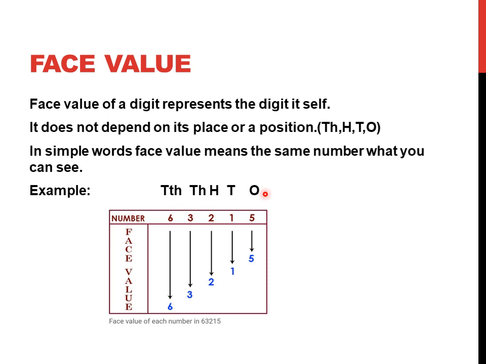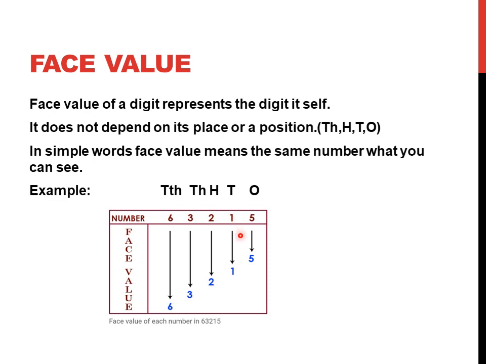That means whether the digit is located in ones place or tens place or hundreds place, the face value of that particular digit is the same. Here we have number 5. The face value of 5 is 5.